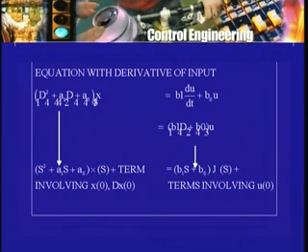Now that is a second order differential equation in x, but it involves first order derivatives of u also. It is a little different from the one where we had just u on the right hand side. However, we can still apply the Laplace transformation to both sides, and what will we get? On the left hand side I have (D squared plus a1 D plus a0) x.